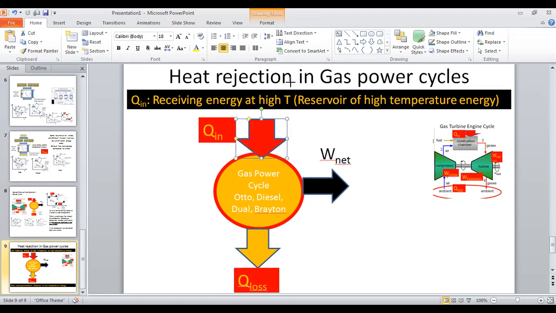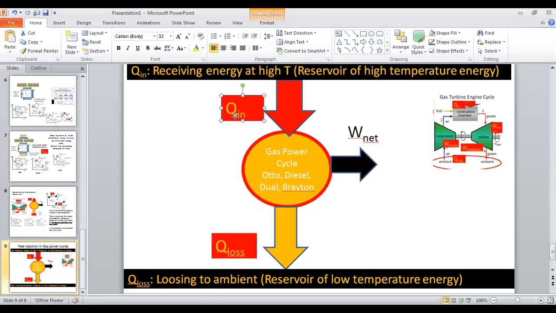You are receiving from the high temperature reservoir and losing to the low temperature reservoir. And of course, the purpose is to deliver some work, W net.